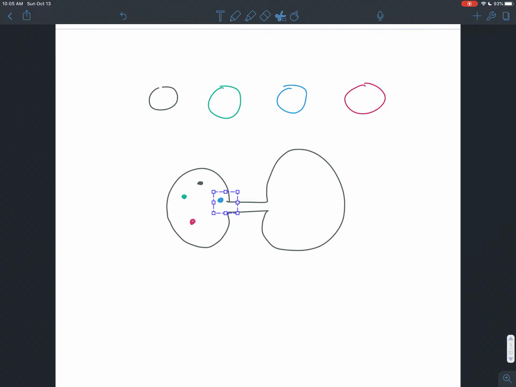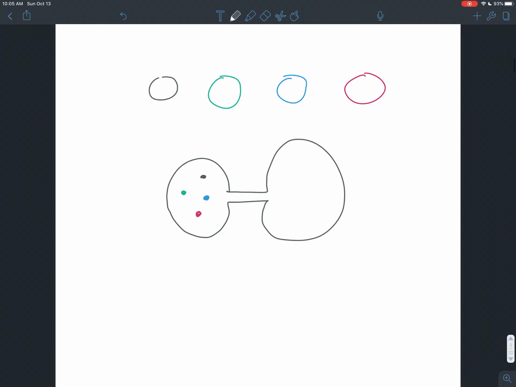The blue one can go, the red one can go, the green one can go, or the black one can go. So which one is more likely? It's more likely that one of the molecules will spread out and go to the other side of the container, because there's only one way that they can all stay on one side, but there are 4 different ways that they can spread out.